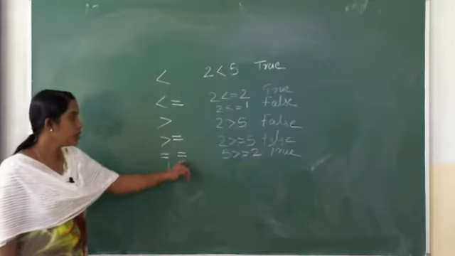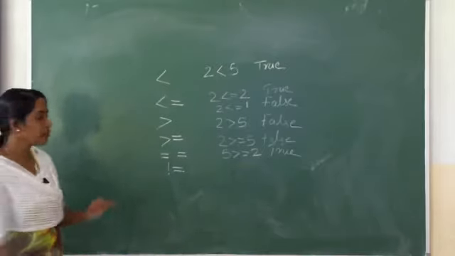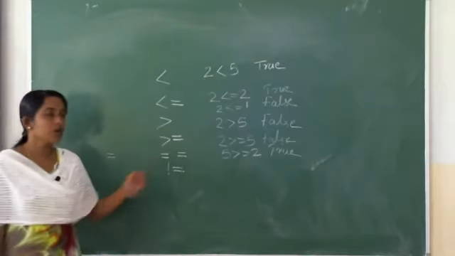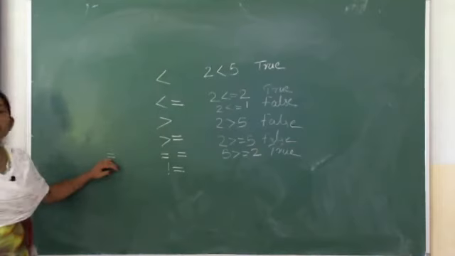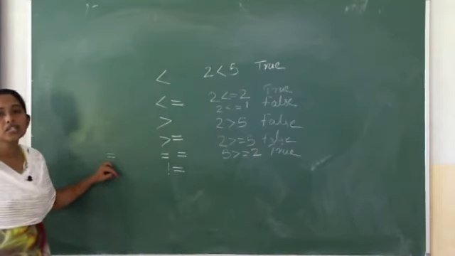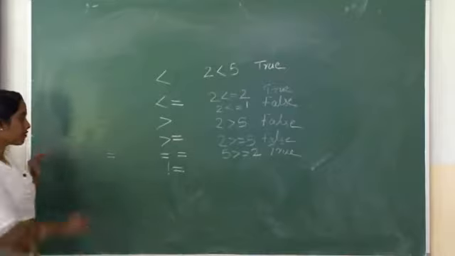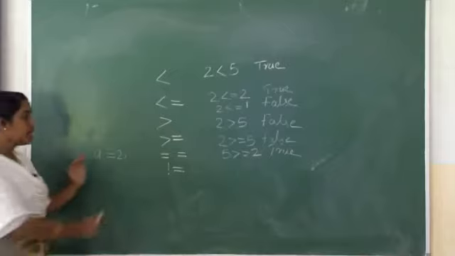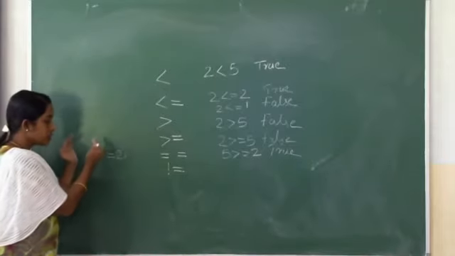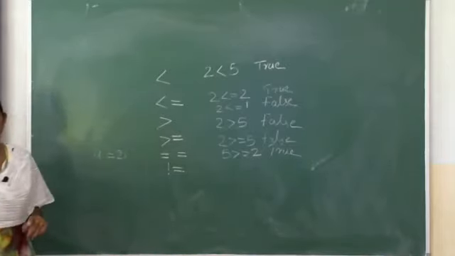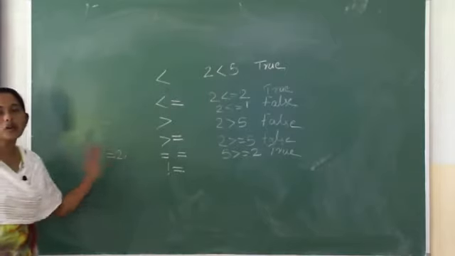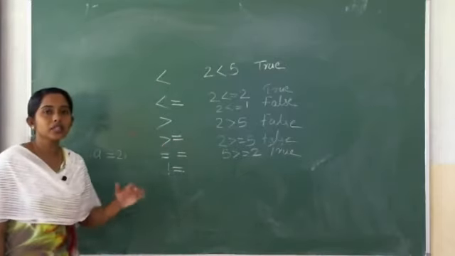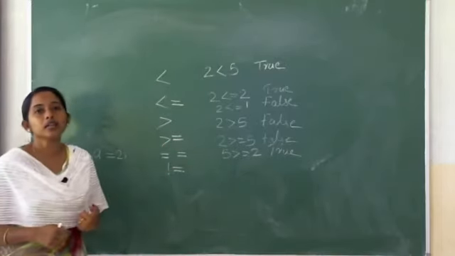Okay, then equal to, which means what? What is the difference between equal to and double equal to? This single equal to, you can call it as an assignment operator. That means if you write here a = 2, we are assigning this value to this particular variable a. And we can use this a in different operations, isn't it? Double equal to means we are checking whether both the side values are equal.